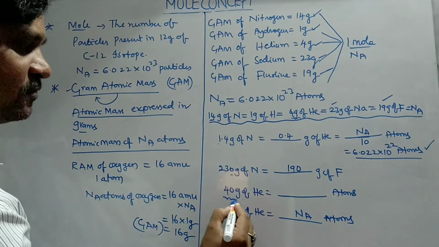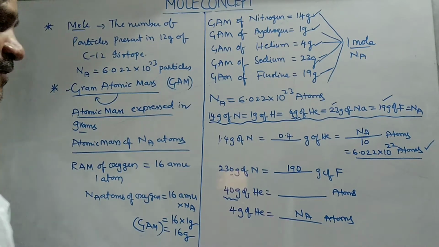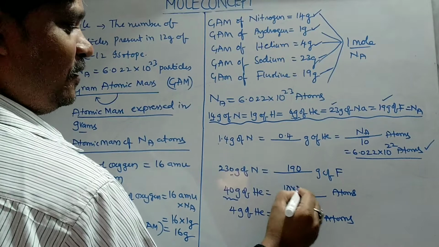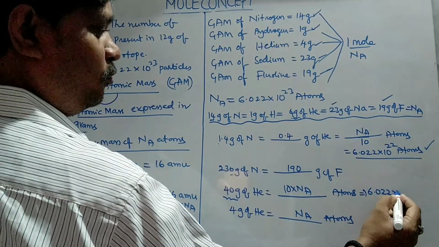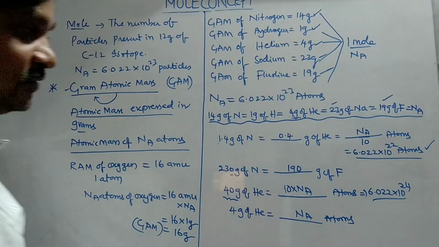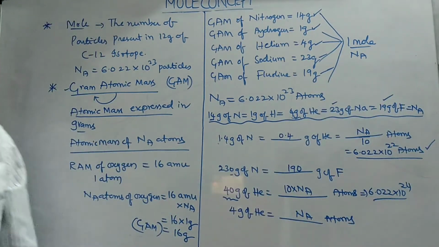The question is 40 grams. 40 grams of helium has how many atoms? Multiply by 10, so 10 into Na. Or simply you can write 6.022 into 10 power 24 atoms.